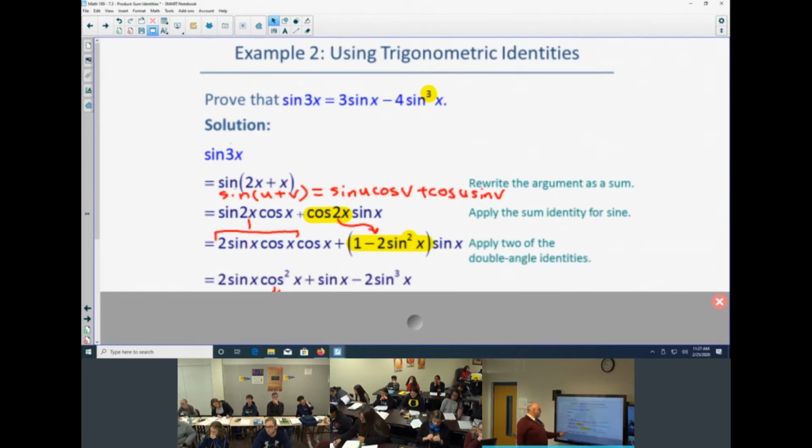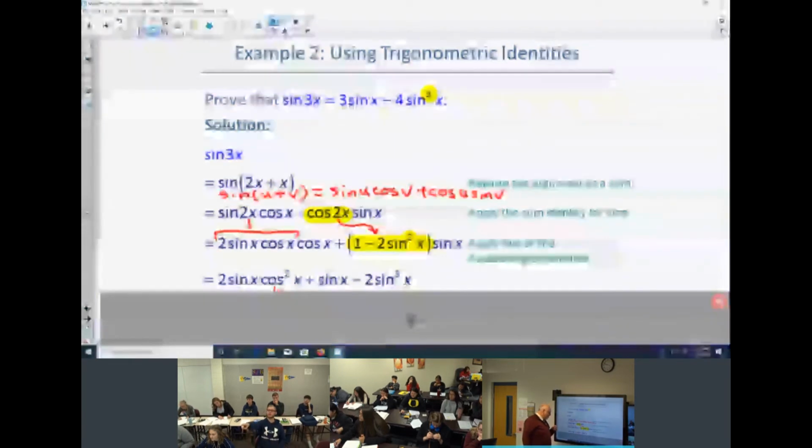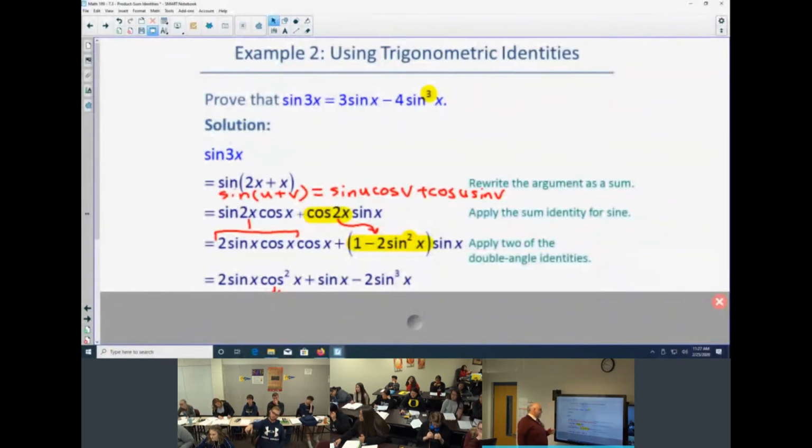So that would be 2 sine, and then cosine times cosine is cosine squared. Sine times 1 is sine x minus 2 sine cubed x. All right, so we've got a sine cubed x, but we don't have minus 4 sine cubed x. We have minus 2 sine cubed x.